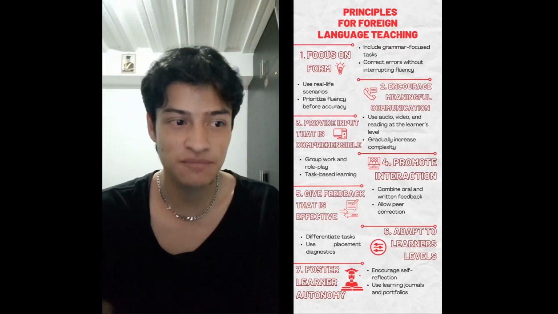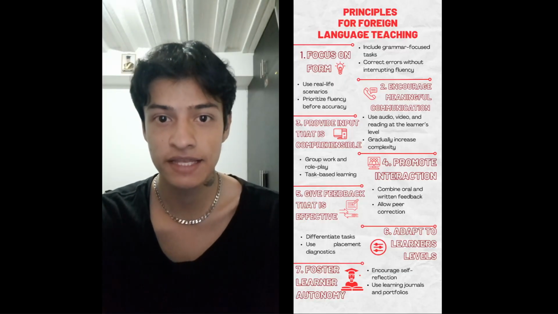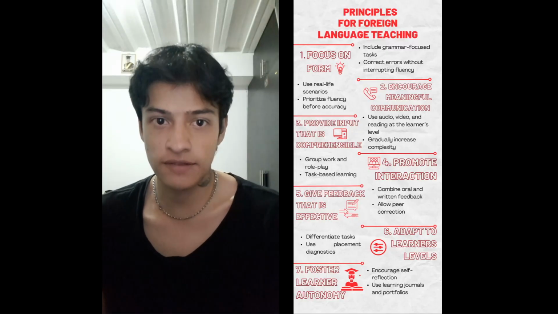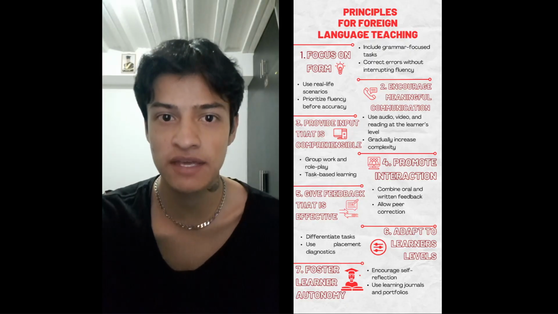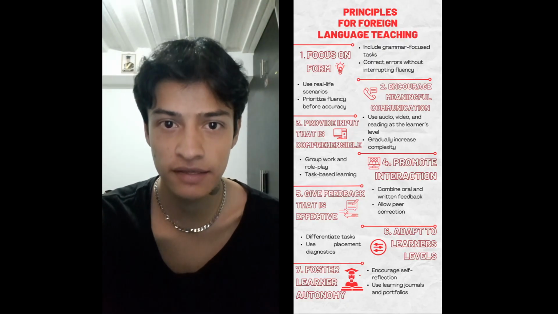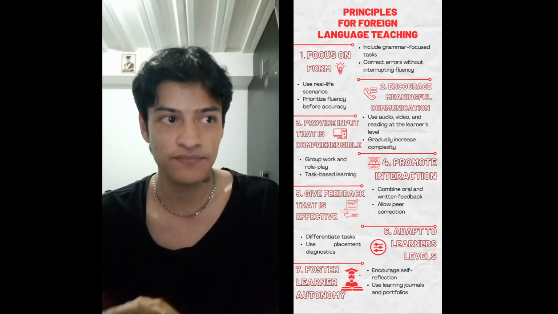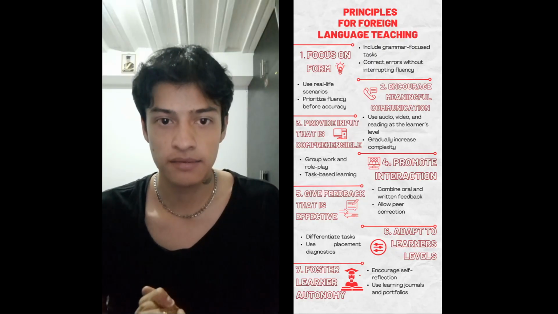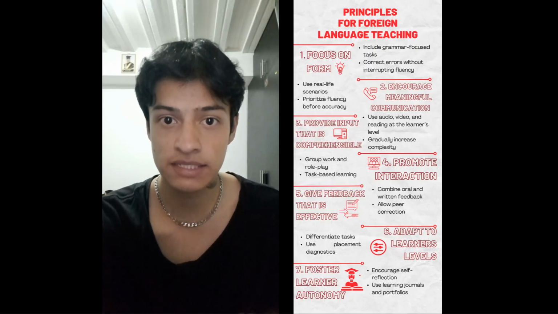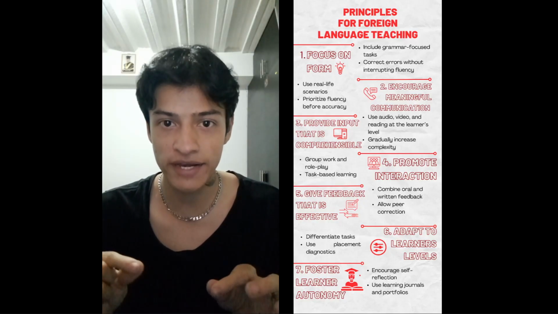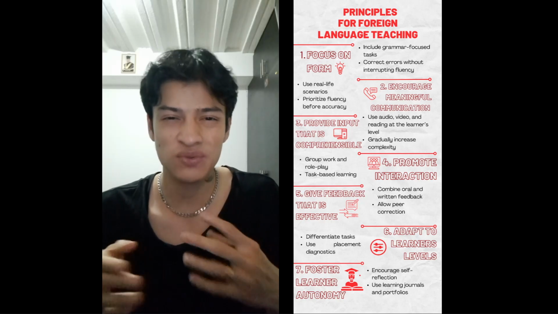The next principle, principle number 5, is that you should give effective feedback. So, the fifth principle is about giving good feedback. The teacher should correct mistakes in a helpful and even respectful way. Ellis explained in 2008 that feedback is more effective when it's clear, specific, and not too direct.